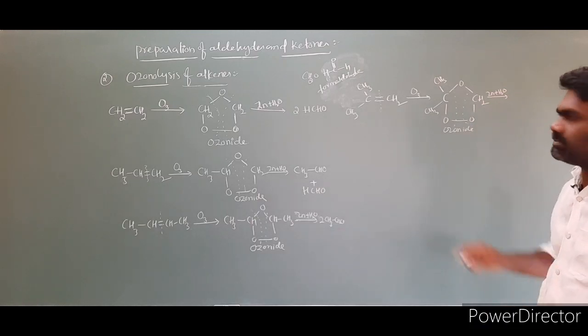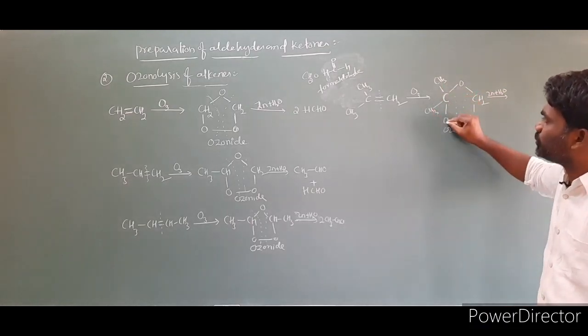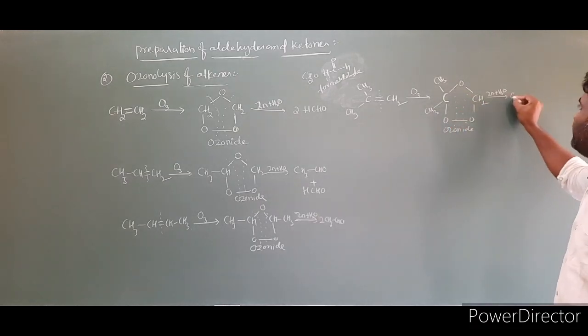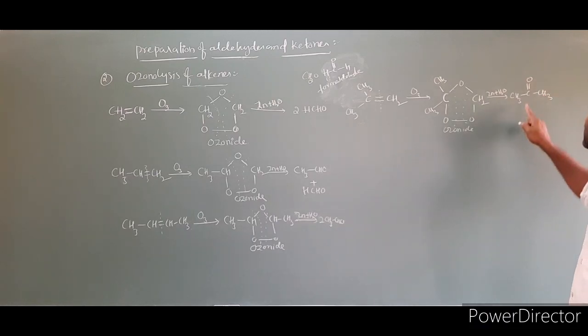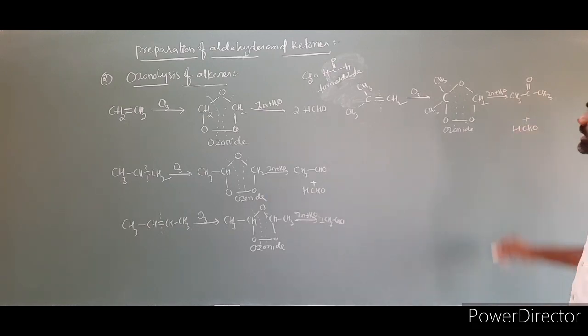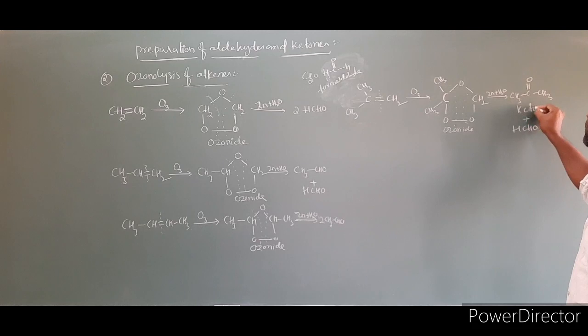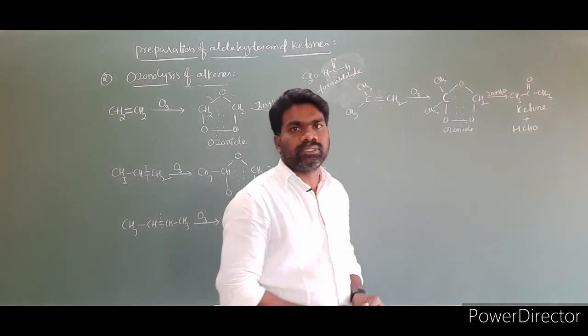The product we can expect is CH3-C=O-CH3 plus HCHO. What we get is acetone, nothing but a ketone. So by using this method we are able to prepare ketones also.